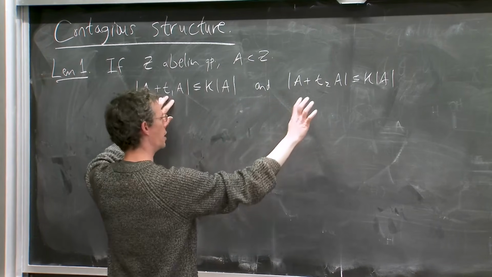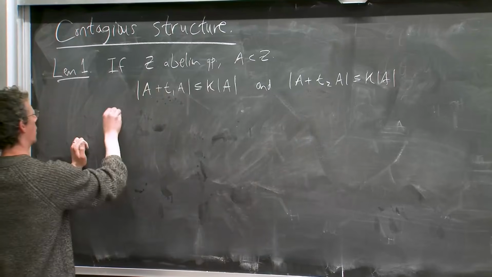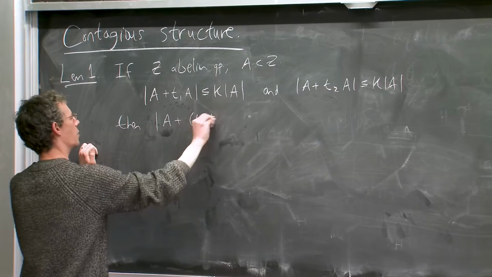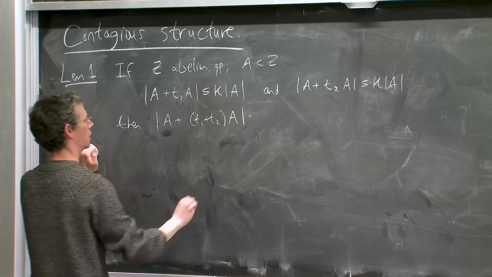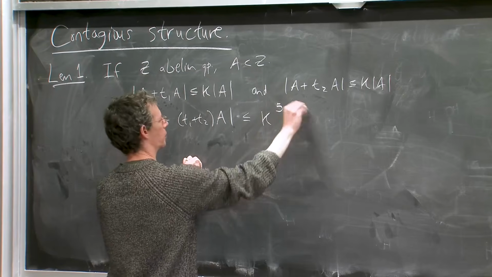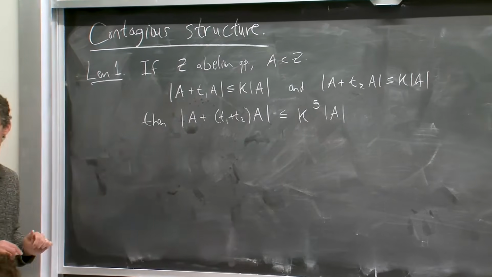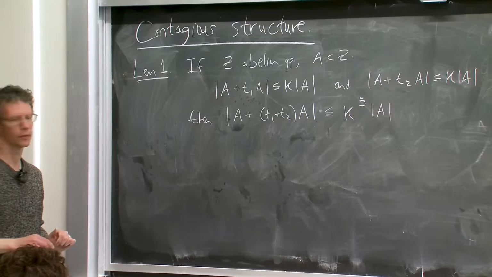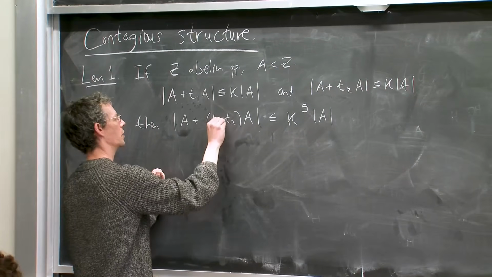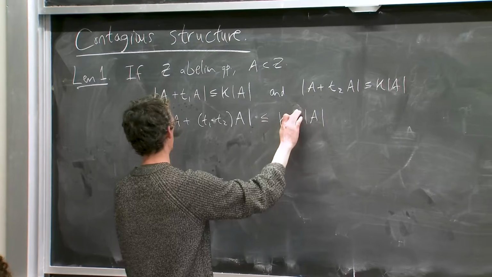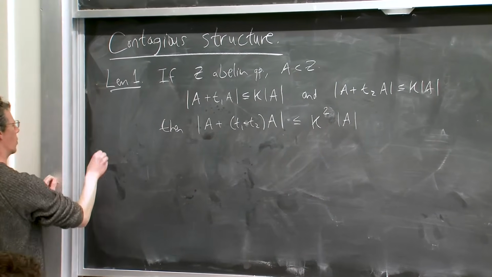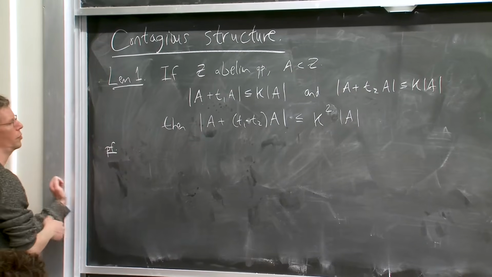So if we have these two small projections, then if I project in the direction T1 plus T2, it's also small. Actually, let's do T1 times T2 first, because that's easier and this will be a nicer number. I think it's 2. All right, so there's the proof.